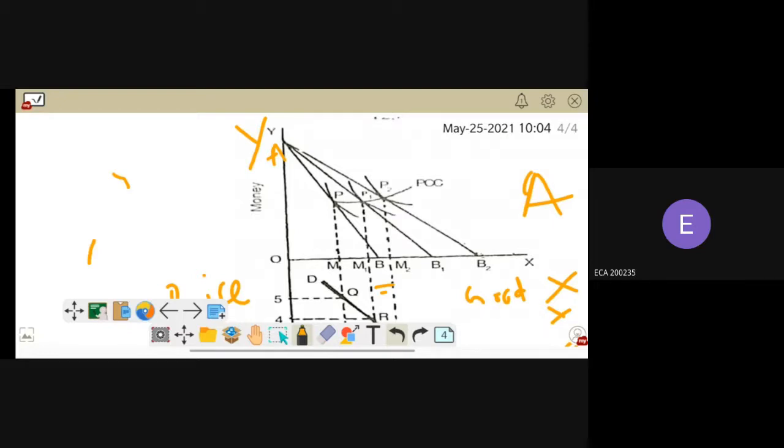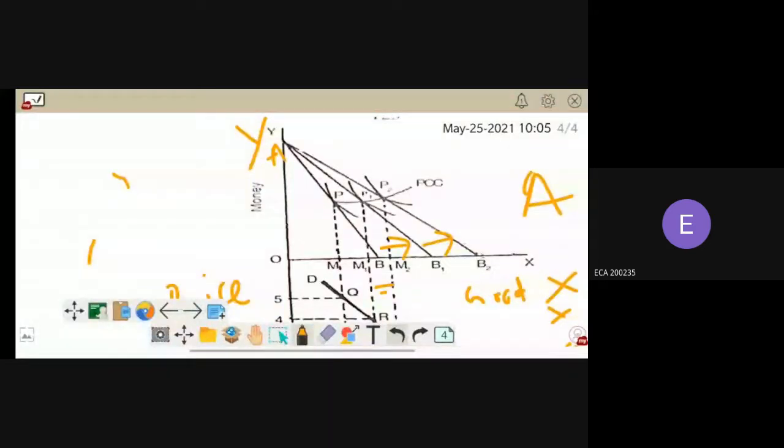So AB is the price line. Like the diagram we have seen just before, AB, AB1, AB2 show the different price lines, and the shift in the price line is due to the changes in the price of good X. Here we can see that the price of good X has come down.